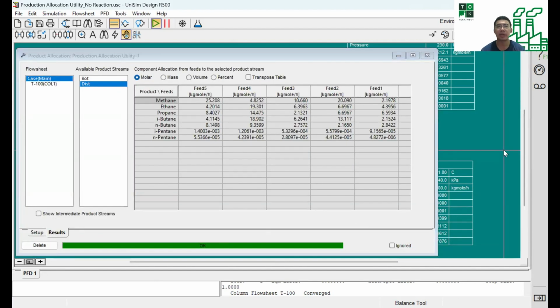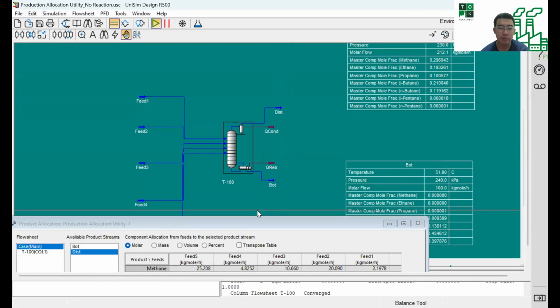So this is how the production allocation utility displays the result. We have the available product streams. Again, UniSim will detect the most downstream, which is at the battery limit. So if you want to have intermediate product streams, you can click show intermediate product stream. And there are two product streams in our case, which are the distillate and also the bottom product.